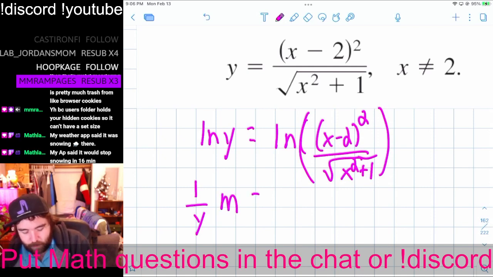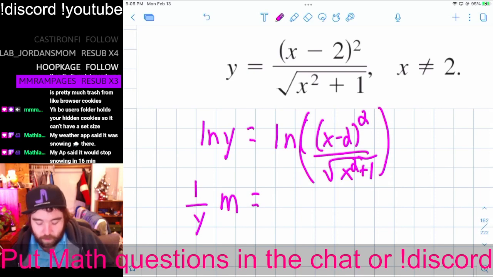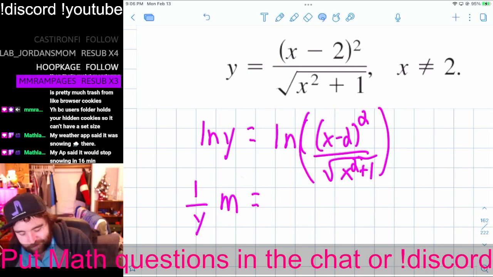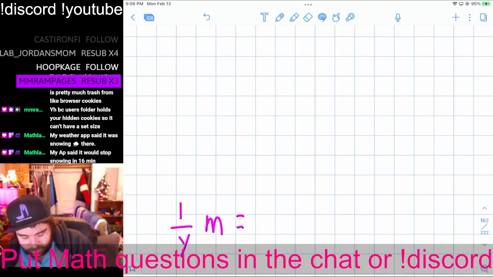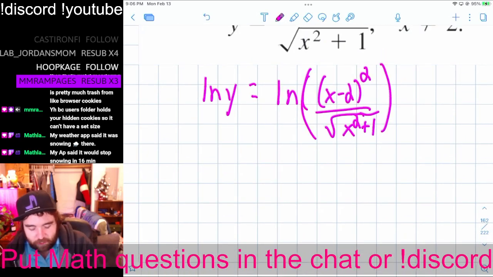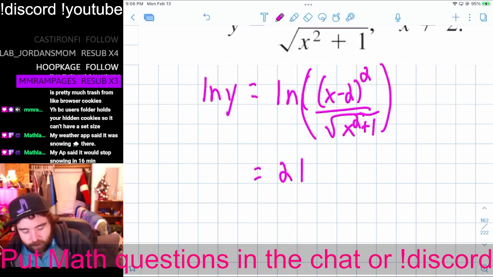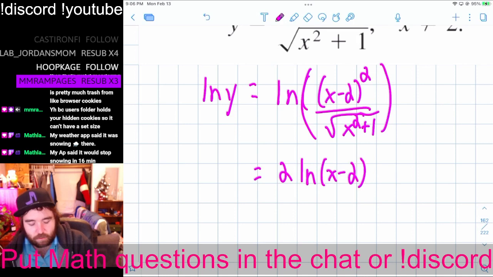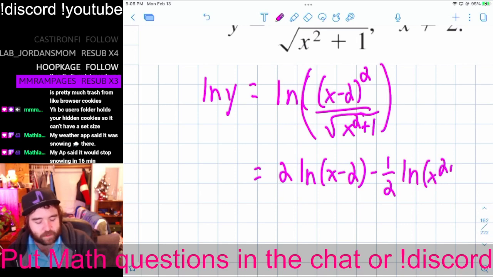I'll just write m. And actually we're not even ready to take the derivative yet, are we? So let's move this down, because this is the whole point. Now the same technique we did last time we can use here. So we'll rewrite this as 2 times the ln of x minus 2 minus 1/2 ln of x squared plus 1.